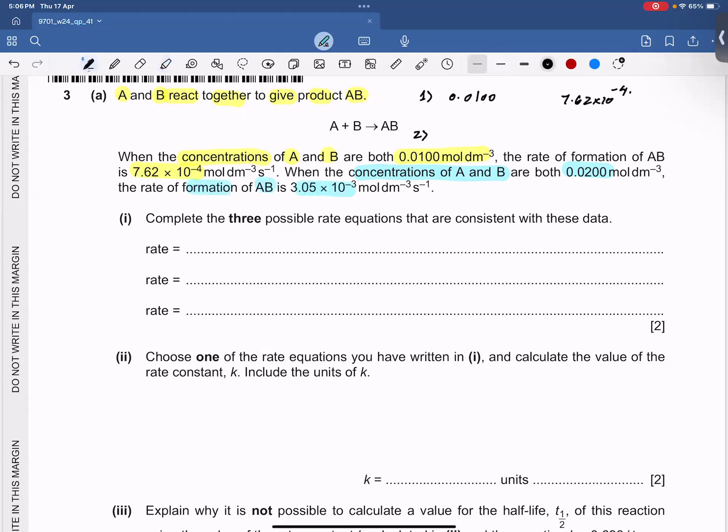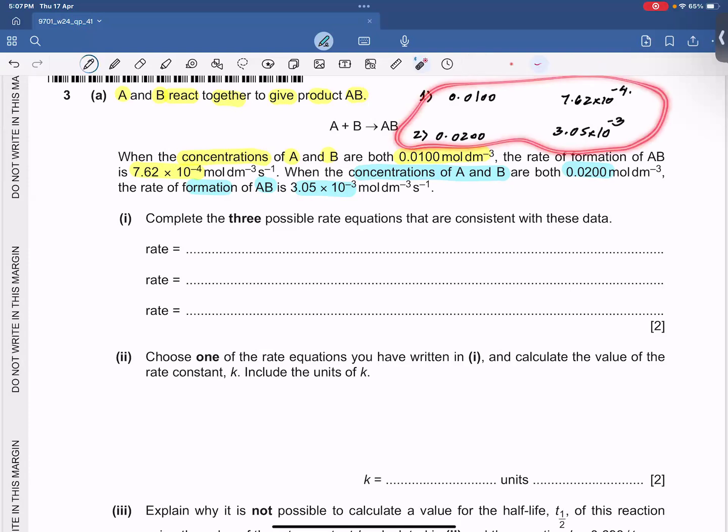So when the concentration increases from 0.01 to 0.0200, the rate of reaction is going to be 3.05 into 10 to the power minus 3.